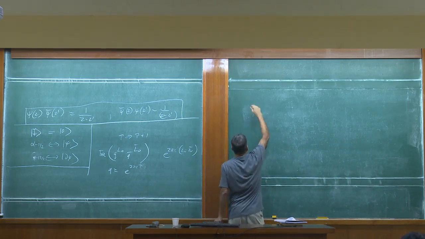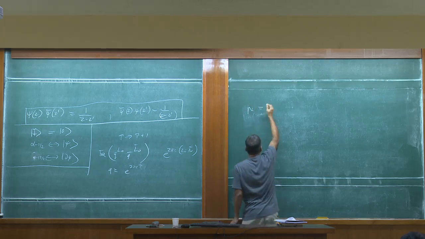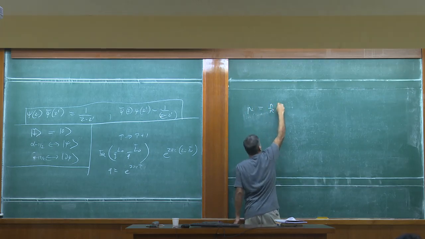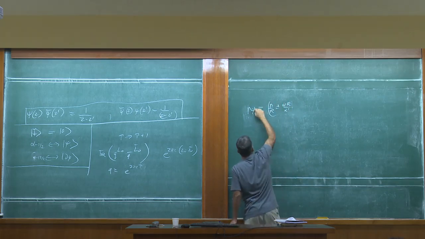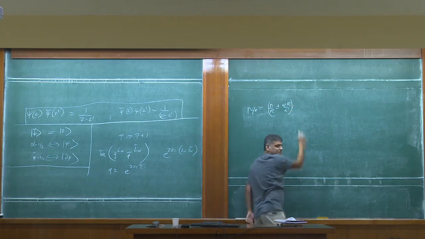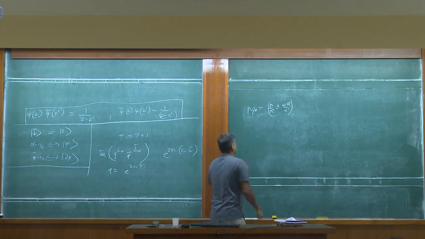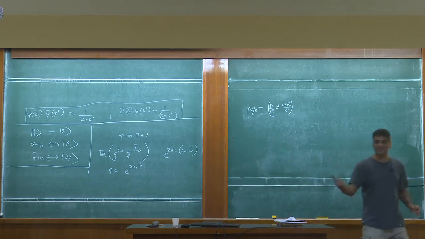You remember that we had these lovely formulas. P_{L,R} was equal to n/R ± wR/α′, where n was the number of momentum units and w was the number of winding units.